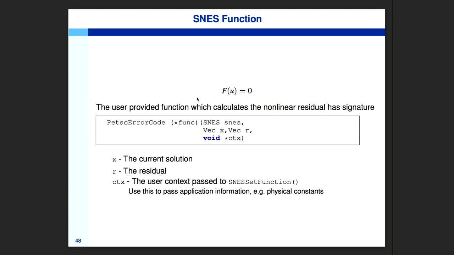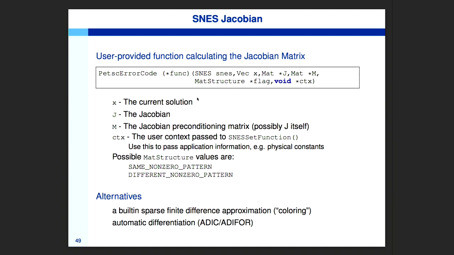So here's more specific details on how the user-provided function actually would look on your end in terms of implementing it. We take as input the current solution vector, as output the residual or nonlinear function. Again, the user context that passes application-specific information. Likewise, the Jacobian routine that you as an application provide has a similar setup, where as input you take the current solution vector, then we indicate data structures that would be used to store the matrix, and optionally a different matrix to use for preconditioning.